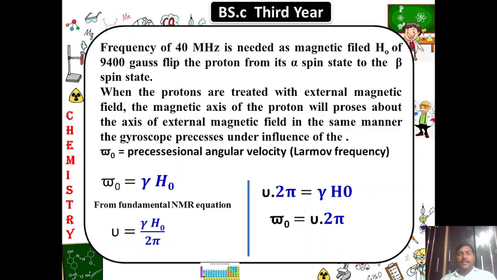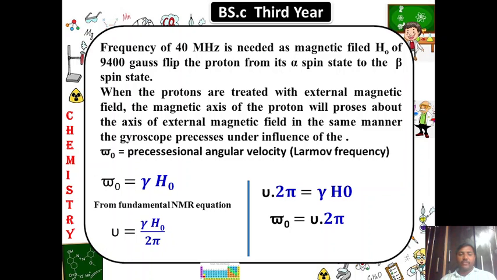When the proton is placed in an external magnetic field, the magnetic axis of the proton will precess about the axis of the external magnetic field, in the same manner as a gyroscope precesses. The precessional angular velocity, the Larmor frequency, is omega 0 equal to gamma H0.